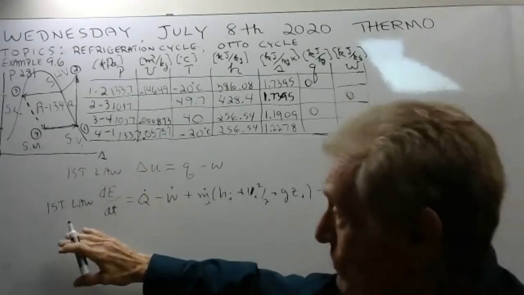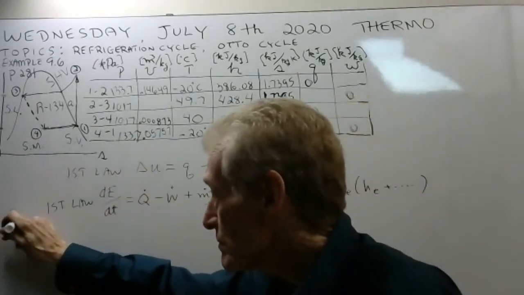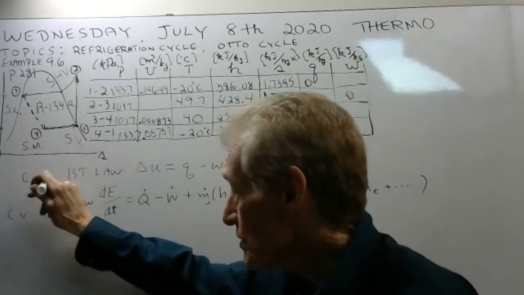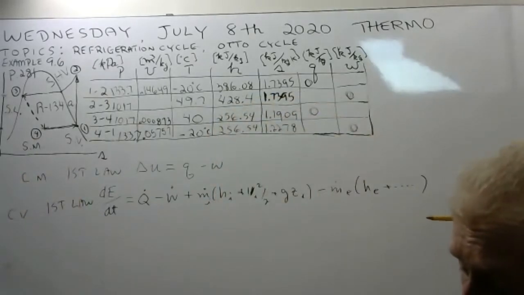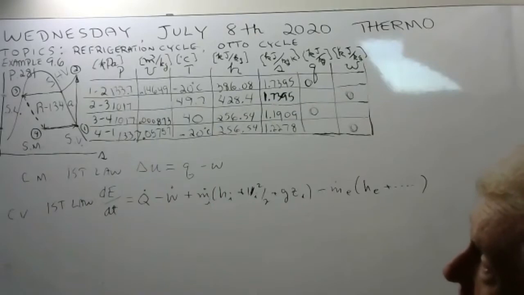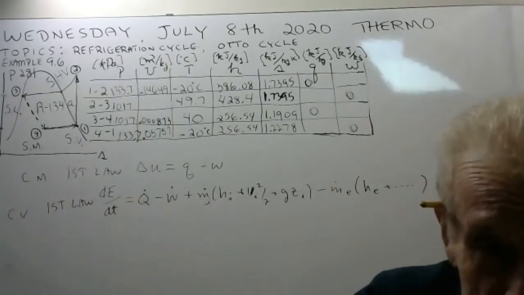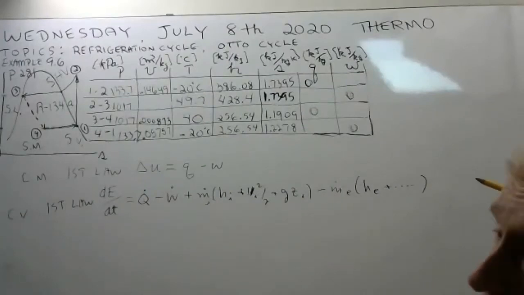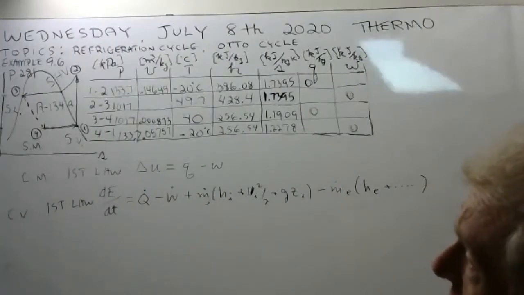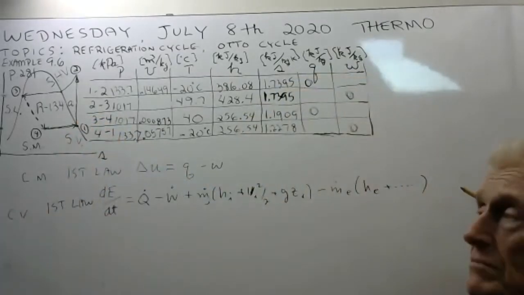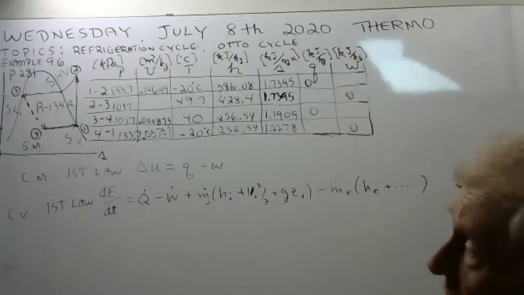These are control volumes. See, this is the control mass version of the first law. That's like for a piston cylinder, okay? This is not a piston cylinder deal. This is a compressor. You got mass coming in and you got mass going out.